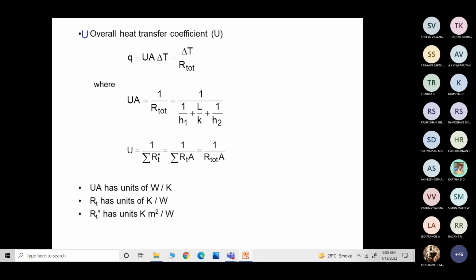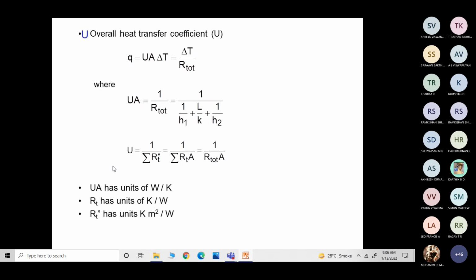We also discussed the overall heat transfer coefficient, a terminology often used in heat exchangers. Here Q equals UA delta T, whereas in heat exchangers, Q equals UA delta T LM. The U gives us an idea about the overall heat transfer coefficient, which involves both conduction and convection resistances.